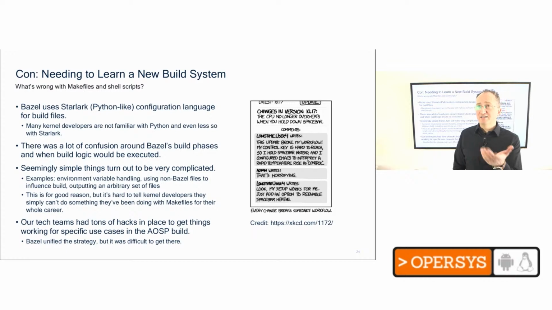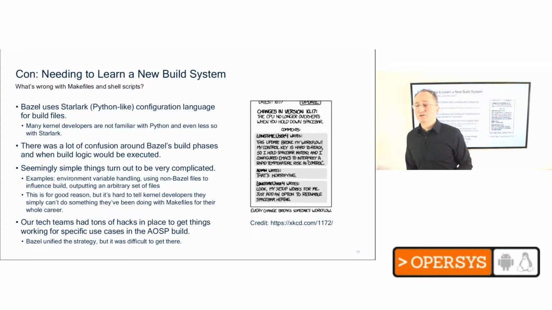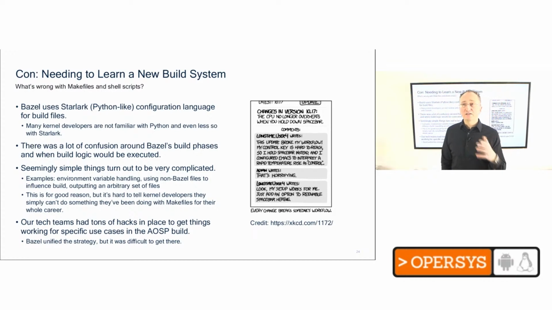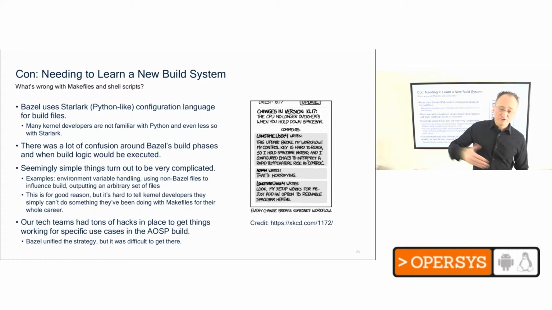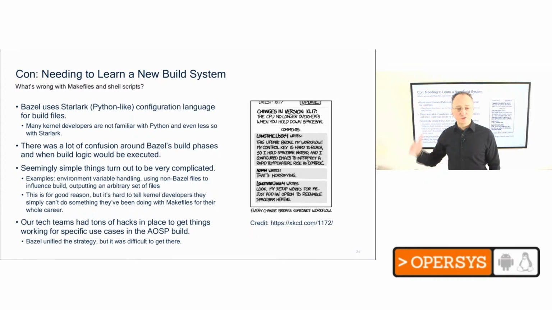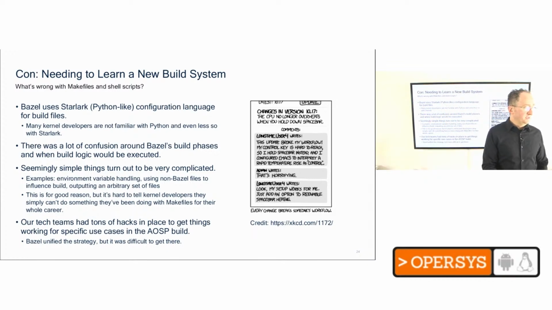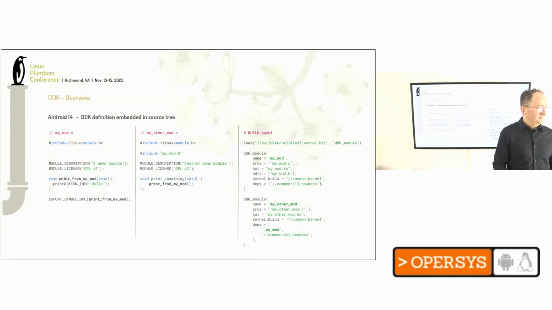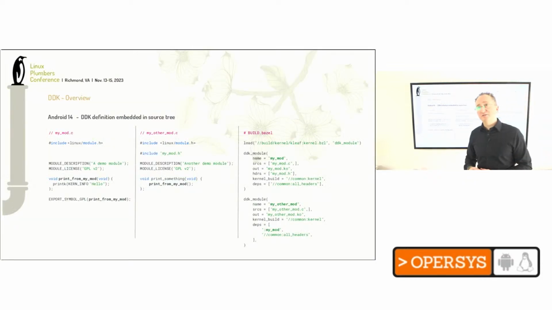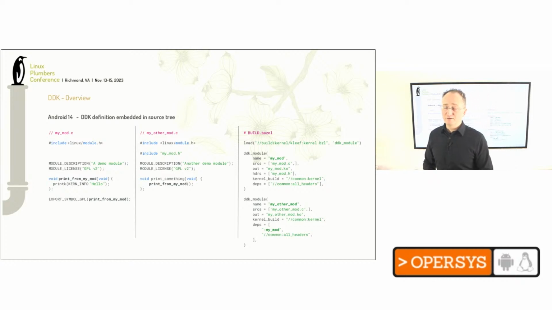That is one of the things a lot of the people working at the platform level will have to do: upskill themselves into mastering a new build system, given that Google is moving away from Ninja to Bazel. So the next presentation was the DDK presentation by Matthias Maennich, who is the maintainer of that at Google.